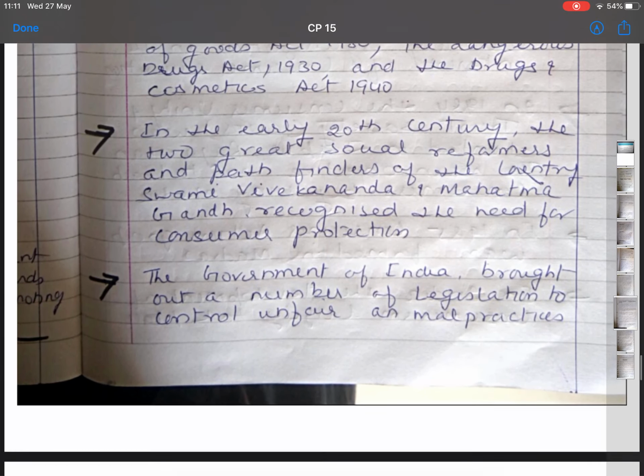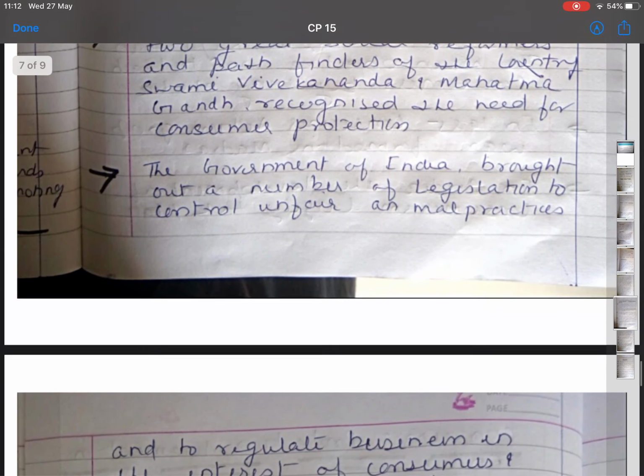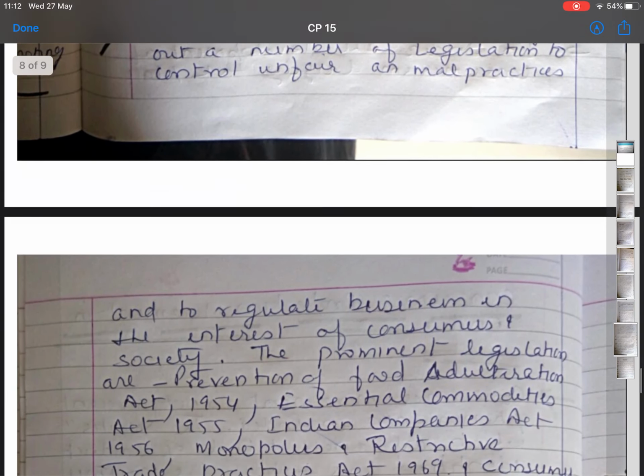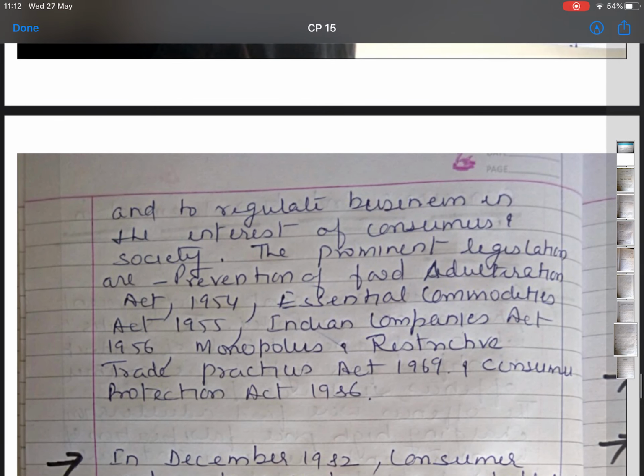The government of India brought out a number of legislations to control unfair practices and malpractices and to regulate business in the interest of consumers and society. The prominent legislations are the Prevention of Food Adulteration Act 1954, Essential Commodities Act 1955, Indian Companies Act 1956, Monopolies and Restrictive Trade Practices Act 1969, and Consumer Protection Act 1986.